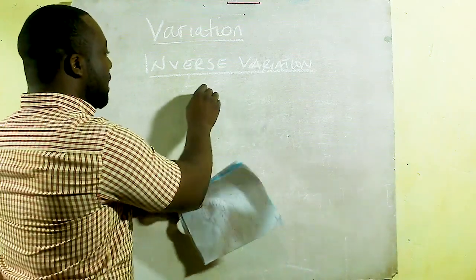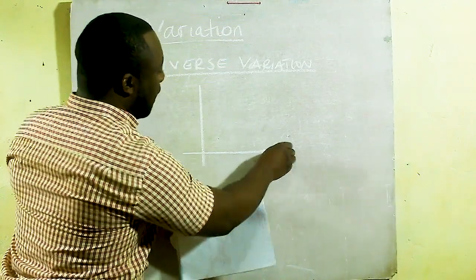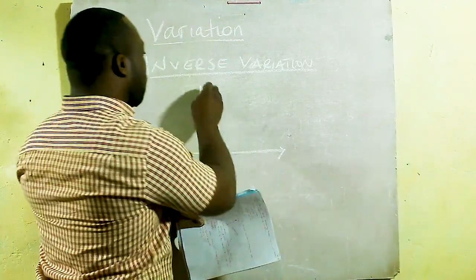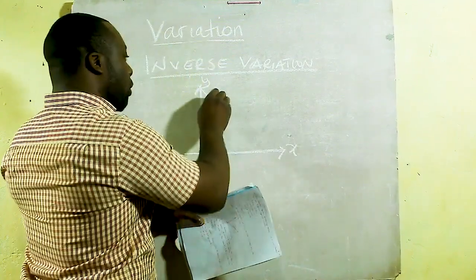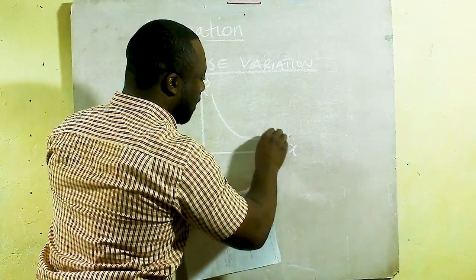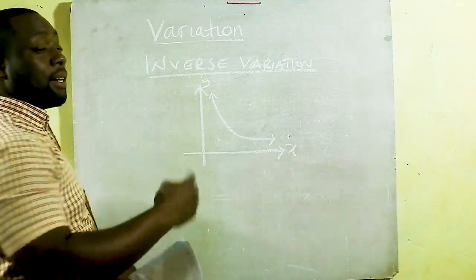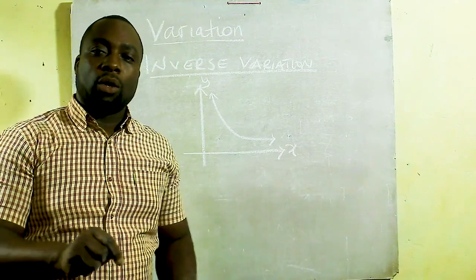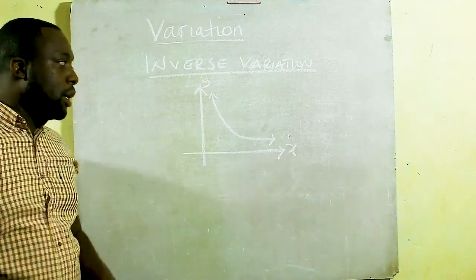It can be represented on a simple Cartesian plane, where we have y and x. So in the inverse, as one variable is increasing, the other variable is decreasing.